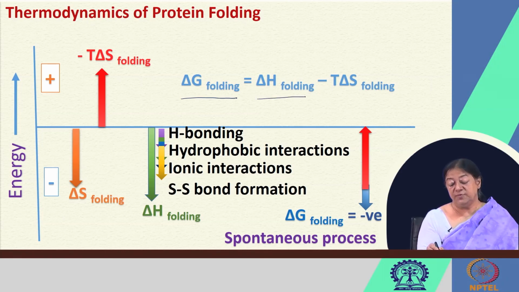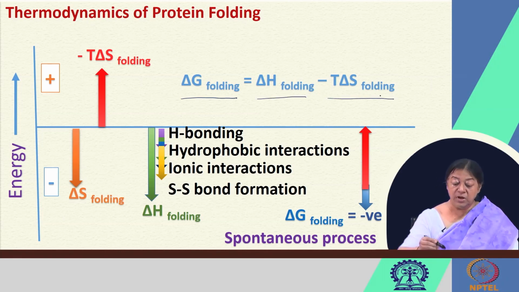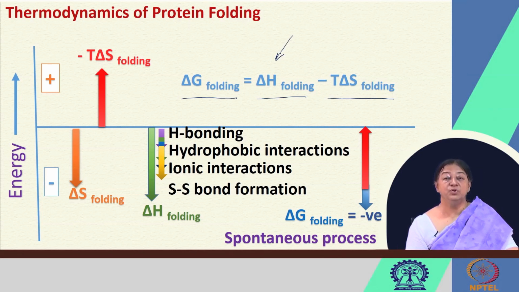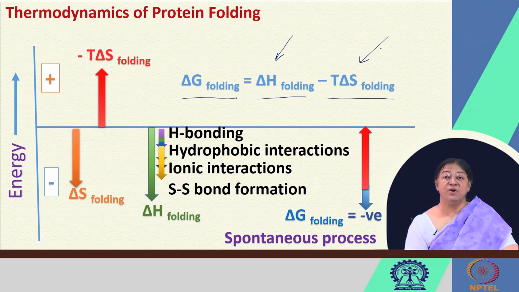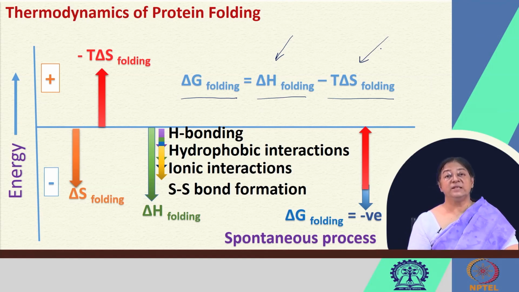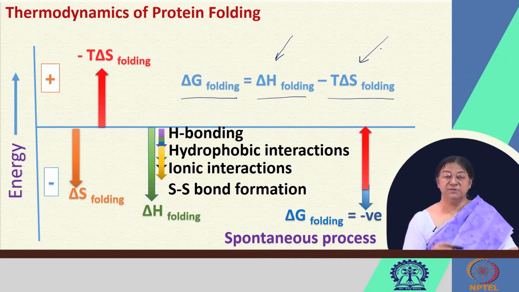So, if we look at the contributions to the delta G of the folding, it is the delta H of the folding minus the T delta S of the folding, and if we want to look at the delta H of the folding, we have to look at H folded minus H unfolded. When we look at the delta S of folding, we have to look at the S of the folded minus the S of the unfolded, because when we are looking at folding, our final form is the folded form.